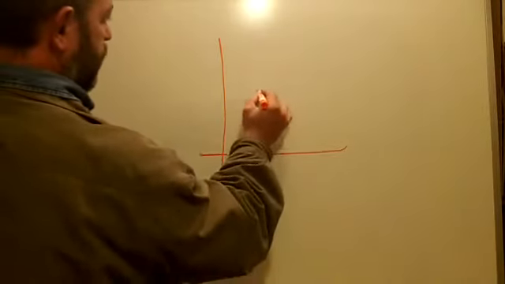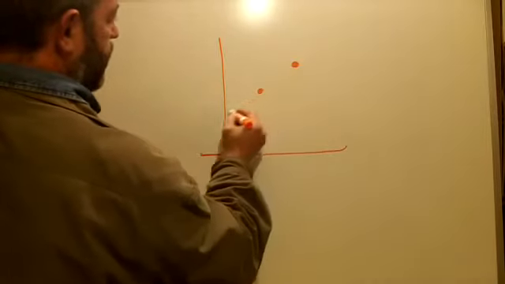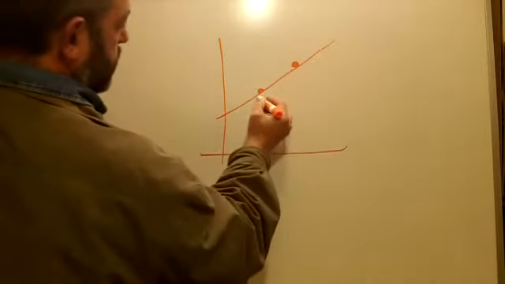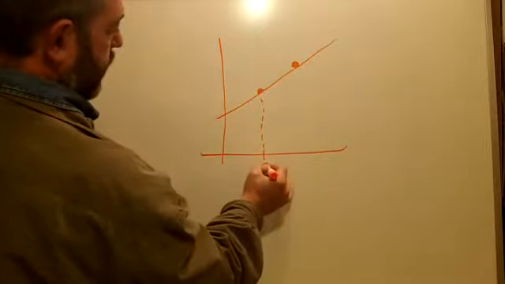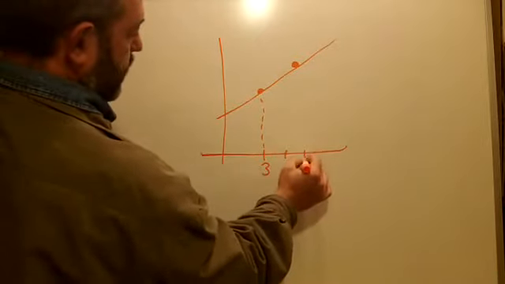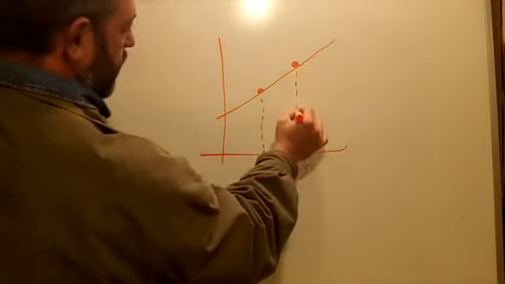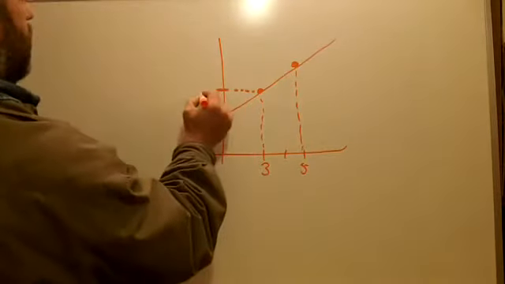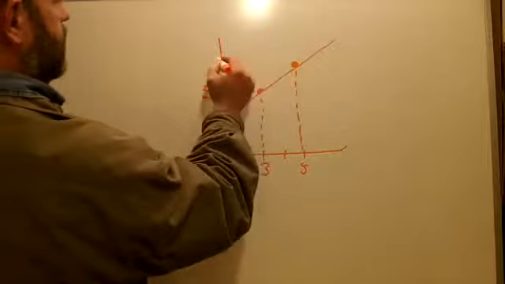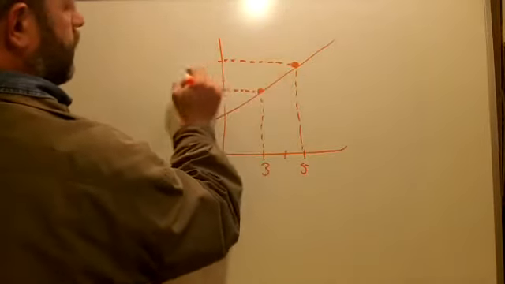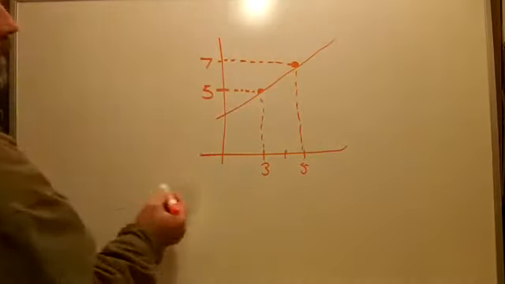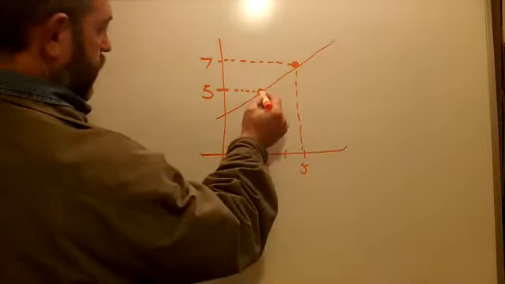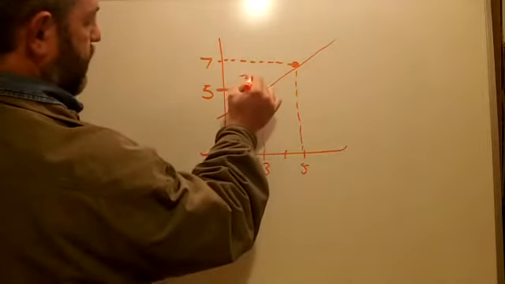Let's say you have a point here and a point here. Connect them with 2 points, and let's say this is 3, say this is 5, and over here, I don't know, we can call that 5, and I'll call that 7. Rise over run. The coordinates here would be 3 and 5.